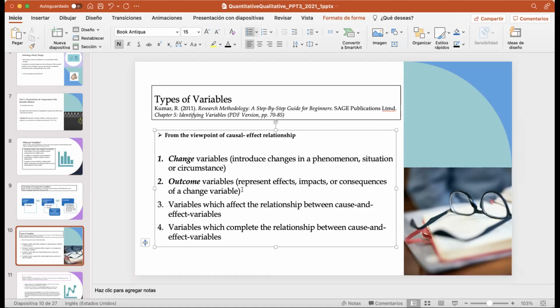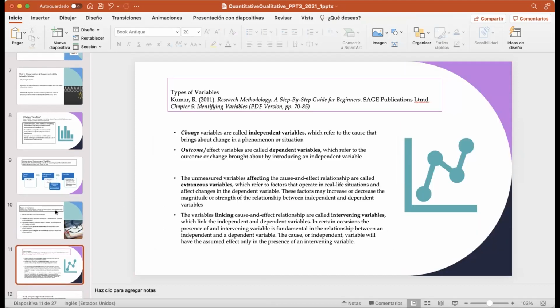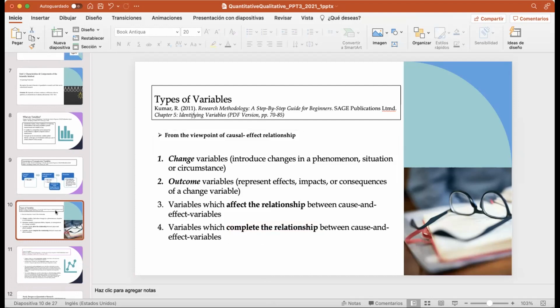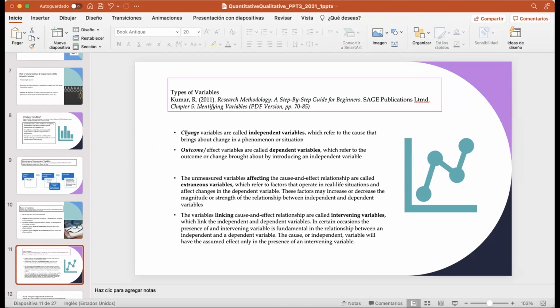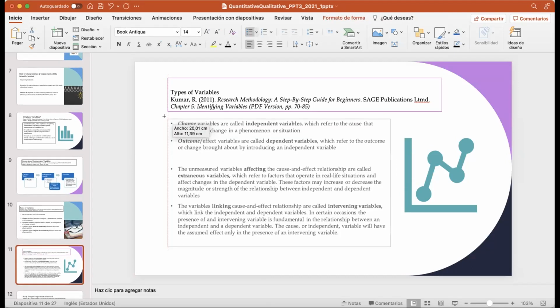So we have variables that represent the effect, the impact, the consequences of a change variable. And then we have variables which affect the relationship between cause and effect, and variables that complete the relationship between cause and effect. And so those might be the 4 variables that you might encounter if you need to design your study around these designs. So here we have more explanation about them.